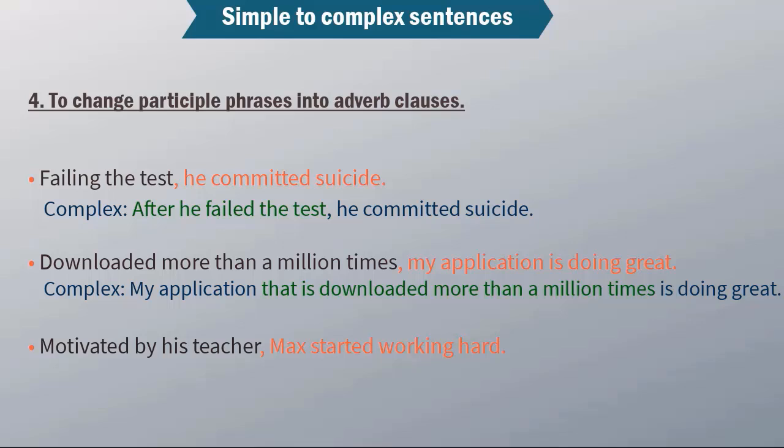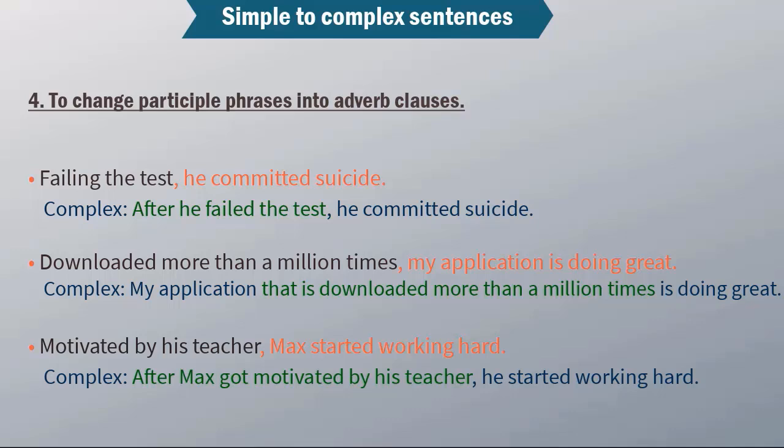Third example. Motivated by his teacher, Max started working hard. So motivated by his teacher is the past participle phrase, and we'll change it into a dependent clause that is going to give information about the main clause. After Max got motivated by his teacher, he started working hard.